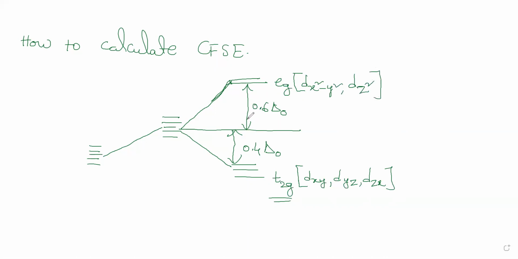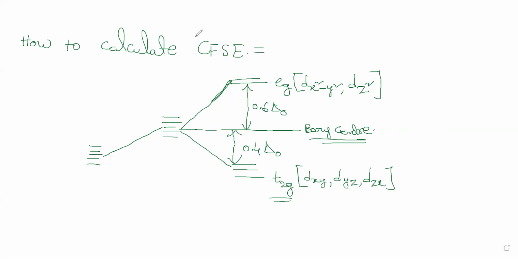Now ensure that this gap from the Barry center, this middle line is called Barry center. From the middle line, ensure that the top orbitals, the EG, are at a higher distance compared to the T2G orbitals, which will be at the lower distance. Now, after this, we'll write a formula for CFSE.